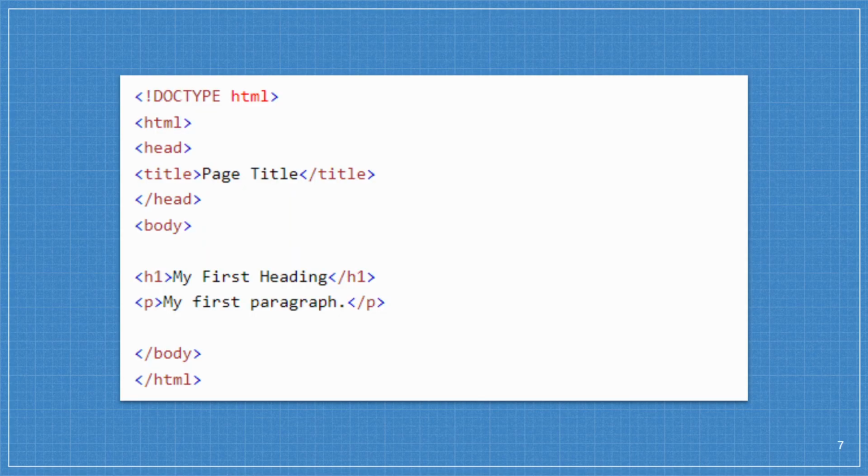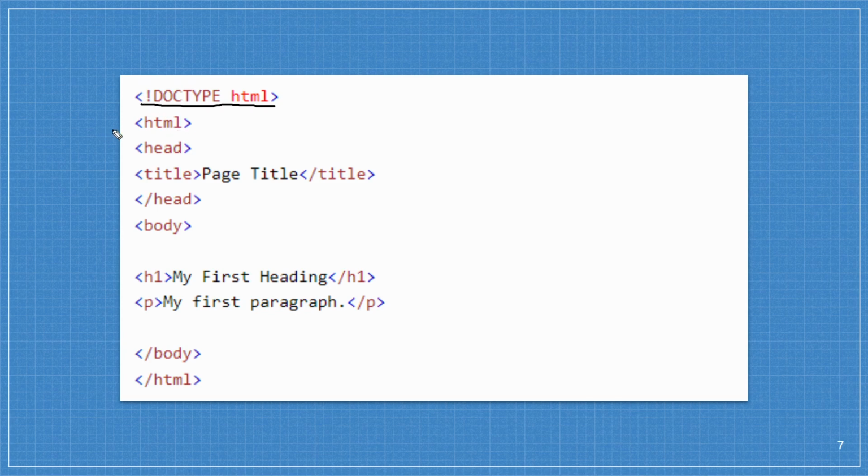Here is an example of an HTML document. Let's break this down. In line 1, we see doctype HTML. Every single HTML document starts off with this doctype declaration. It's basically telling the computer that you are creating an HTML file.